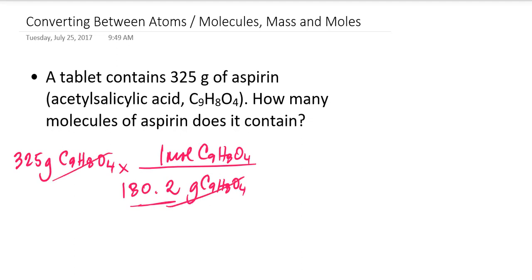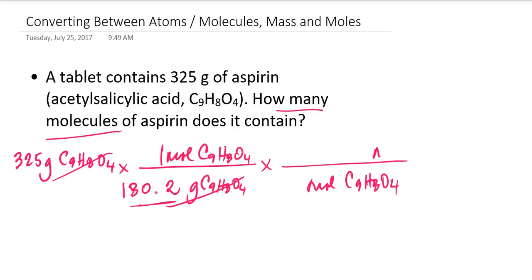If I cancel units, I'm now in units of moles of aspirin, but I was asked how many molecules. The dimensional analysis shows me that I'm currently in moles of aspirin, and I need to convert to molecules of aspirin.